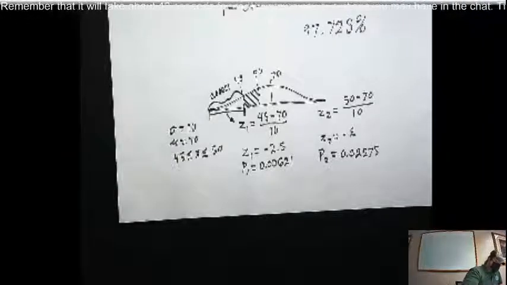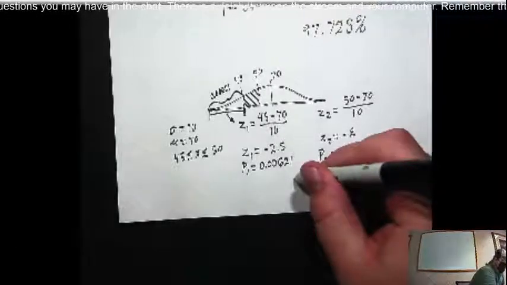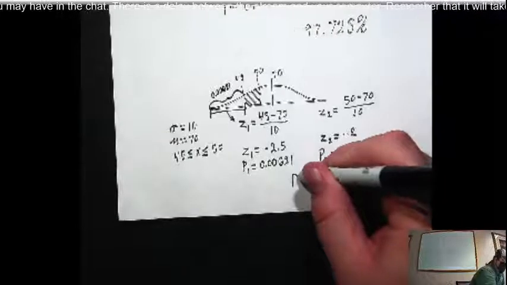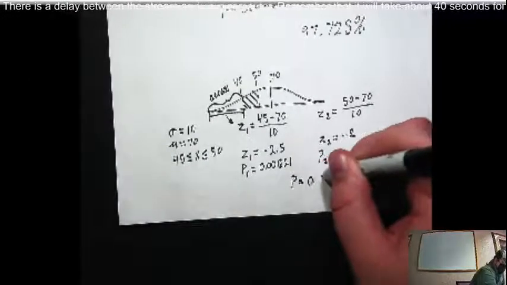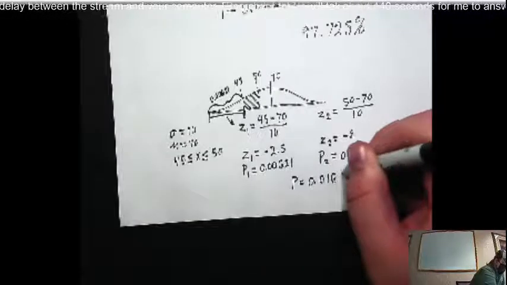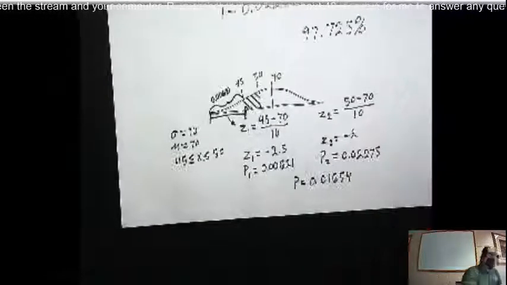So let's see here. 0.02275 minus 0.00621 gives us the final probability of 0.01654.